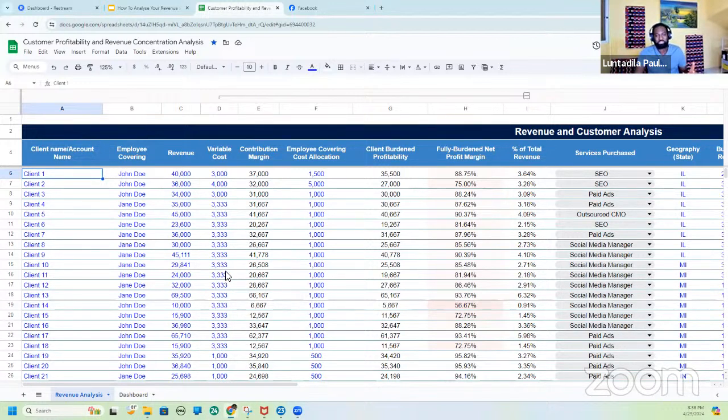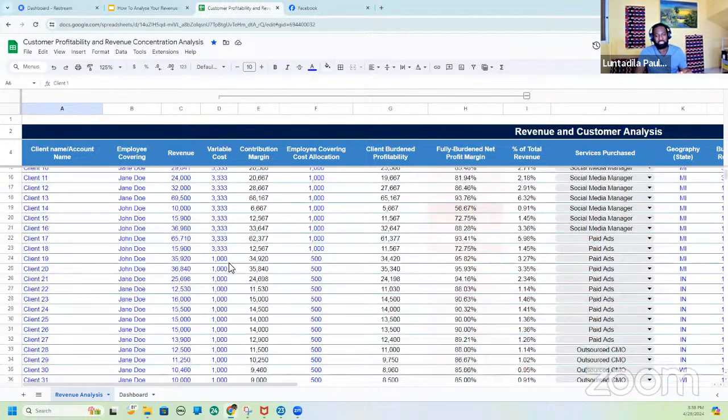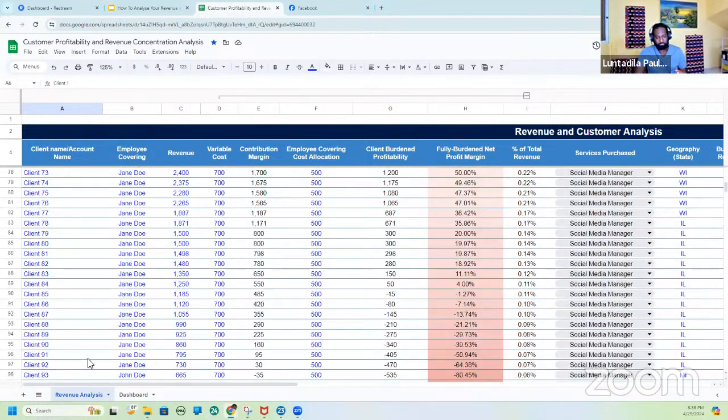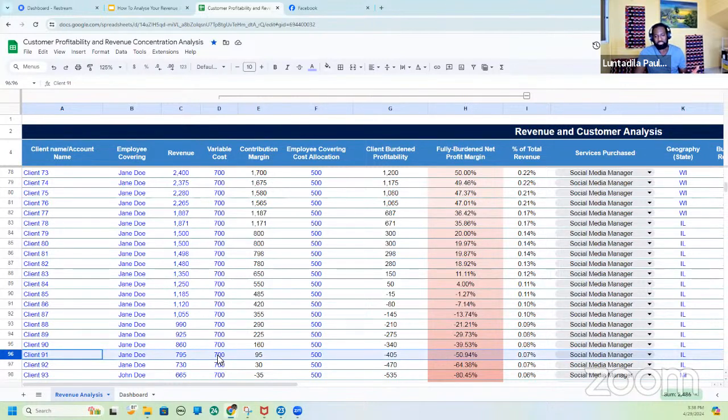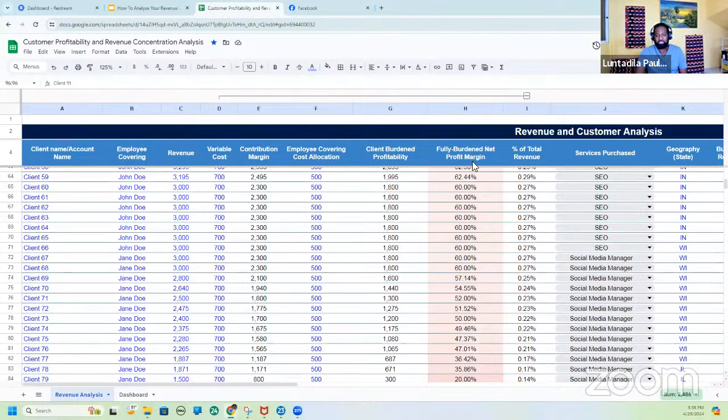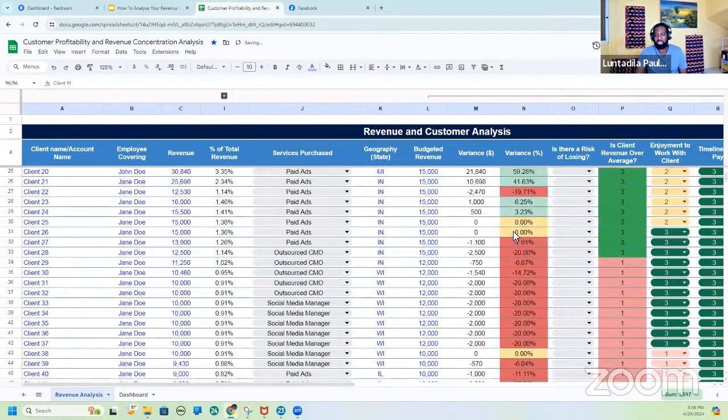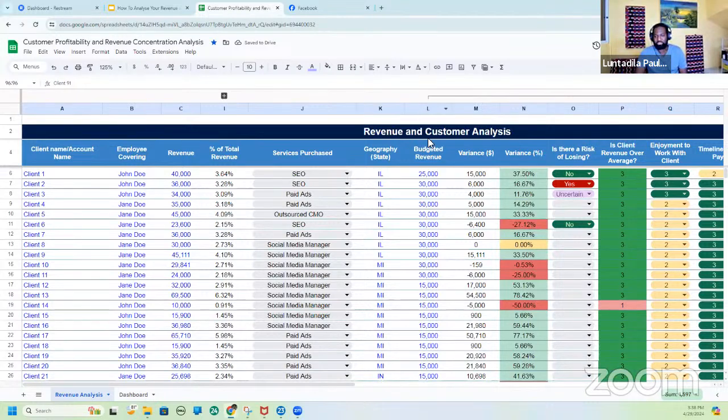So it's important to be cautious in our analysis around the clients. For example, maybe client 91 is a low income client, but brings us a lot of referrals of high value, high ticket clients. Okay. So this is number one part of our analysis. The second thing that we need to make sure of is to analyze the budget revenue. Okay.